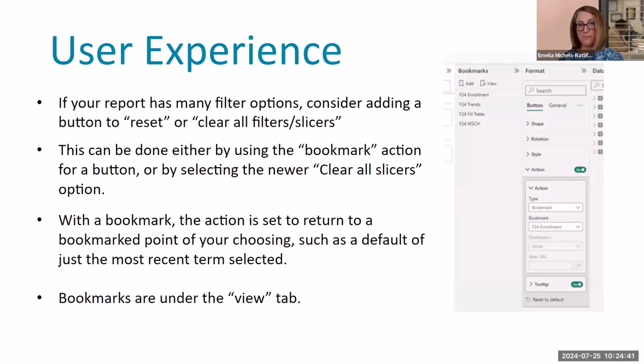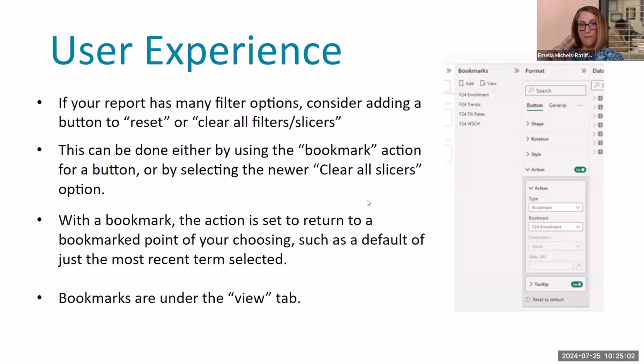Some of the reports that I've built existed before they added that in, which was a pain in the butt. And the only way that I'm aware of at least was to use a button, set a bookmark, and tag that bookmark to the button. So most of mine still have that. You can do it either way now.